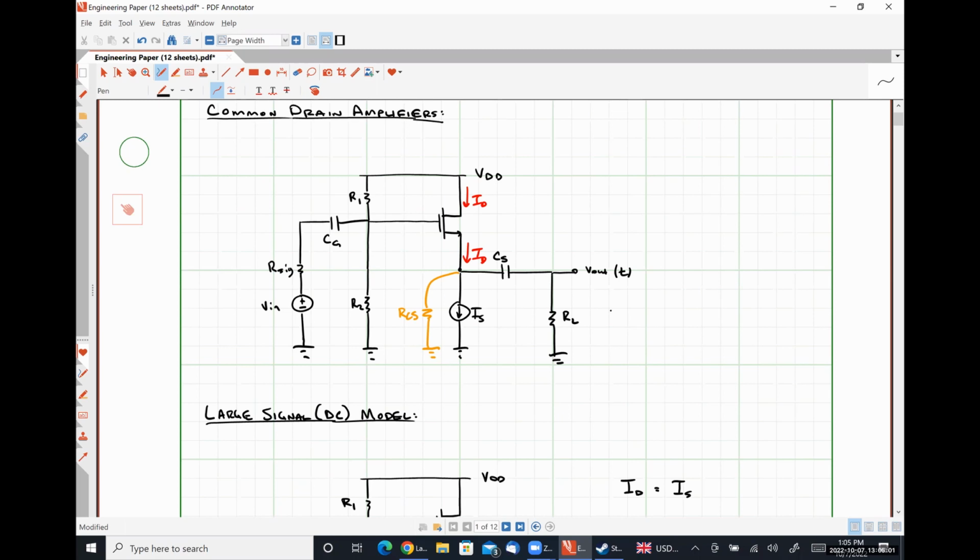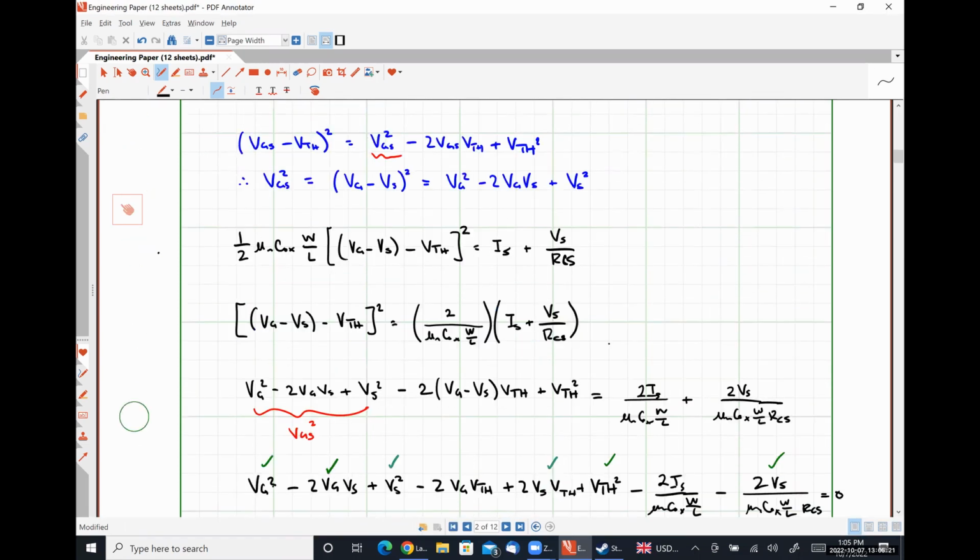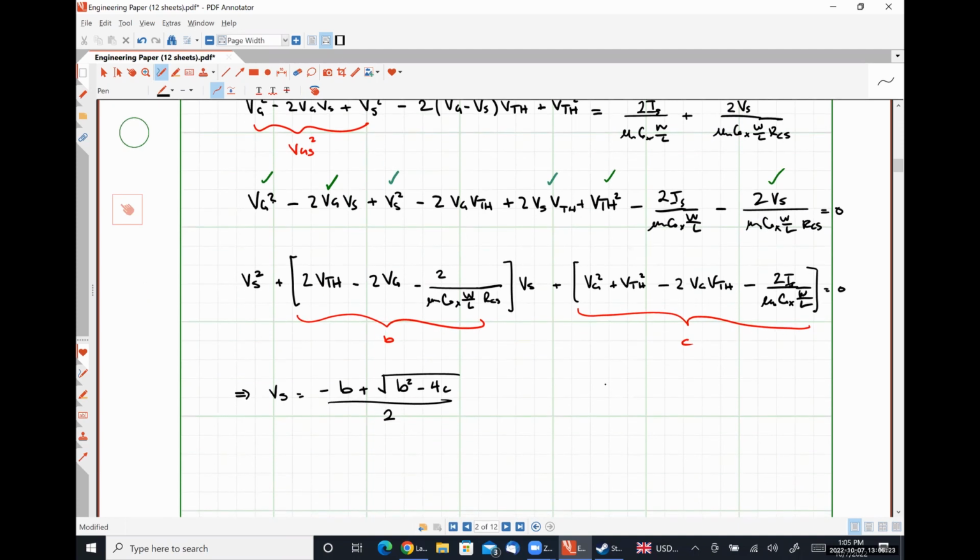This figure is drawn from the point of highest potential in the circuit, our power supply rail, to the point of lowest potential, which is ground. How we would get a voltage lower than the lowest potential in our circuit doesn't make any sense. So throwing away that negative solution, we now have a relationship by which we know all of our different DC voltages. And we're good to go.